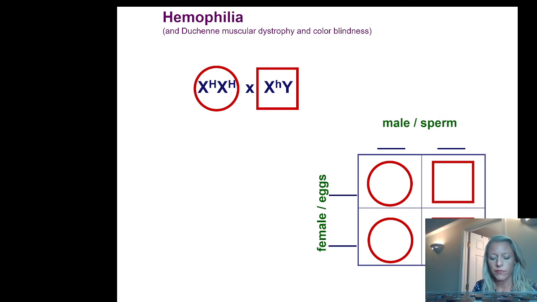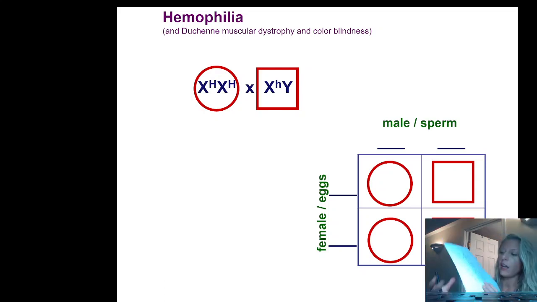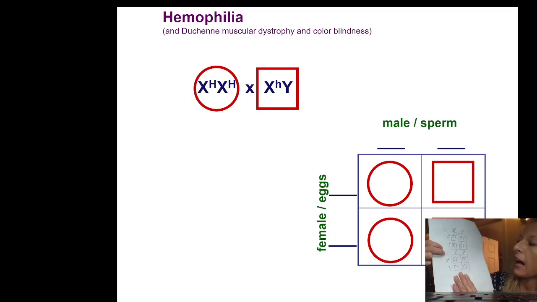So Leopold is going to be X little h Y, and Beatrice is going to be X big H X big H. Again, we pull down and over: X big H X little h, X big H X little h, X big H Y, X big H Y. So in this instance, we produce two female carriers and two males without the disease.